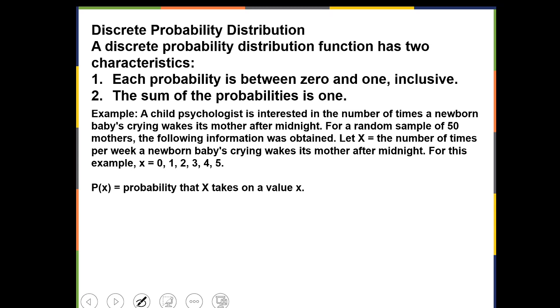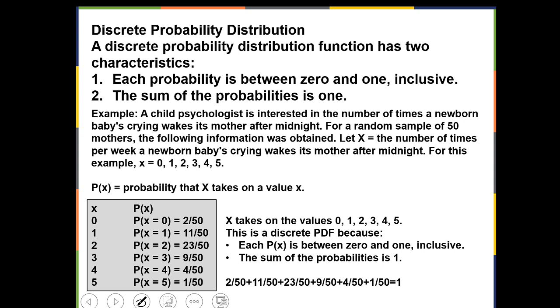So here's an example. A child psychologist is interested in the number of times a newborn baby's crying wakes its mother after midnight. They took a sample, and they have values for x here: 0 times, 1 time, 2 times, 3 times, 4 times, 5 times the baby woke the mother.